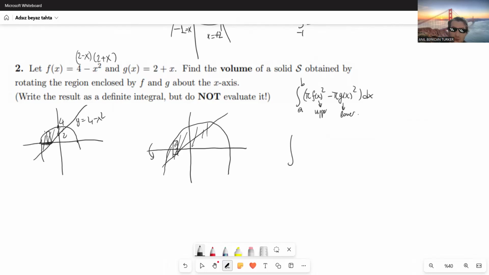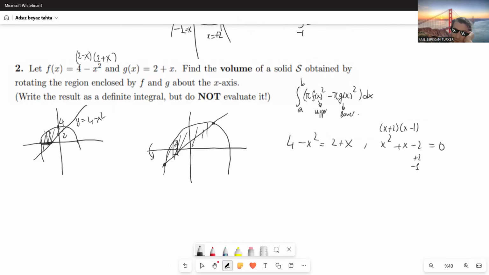Let's find the intersection first, because both are y, right? They need to satisfy these two points. So plus 2, minus 1. So it's like plus 2, x minus 1.